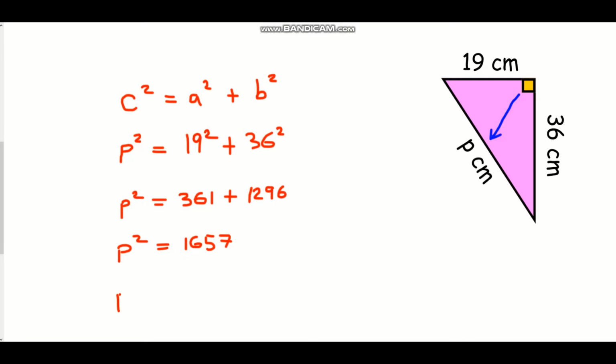And to find p when we have p squared's value, remember we have to undo that squared by square rooting on both sides of the formula. Your final answer for this is p is equal to 40.71.